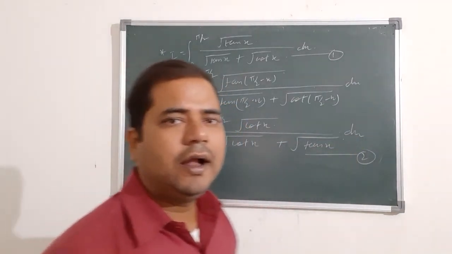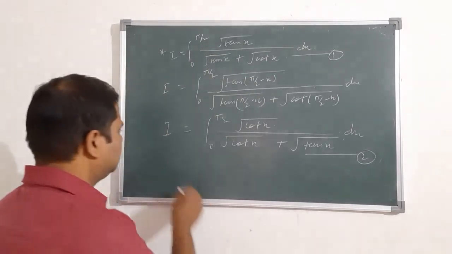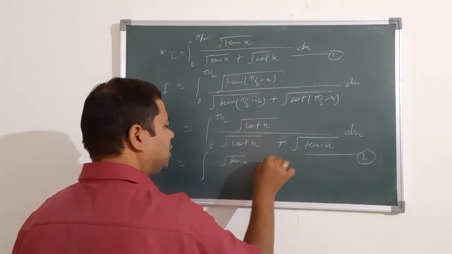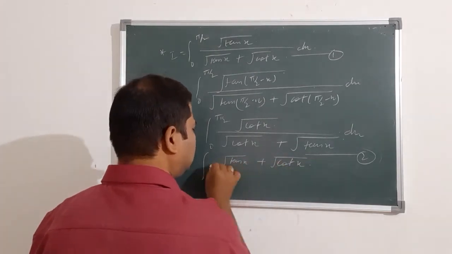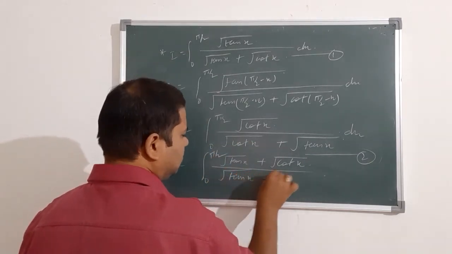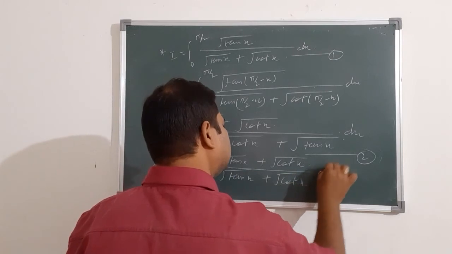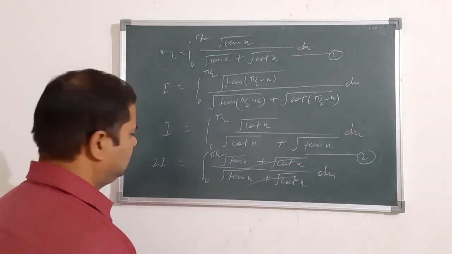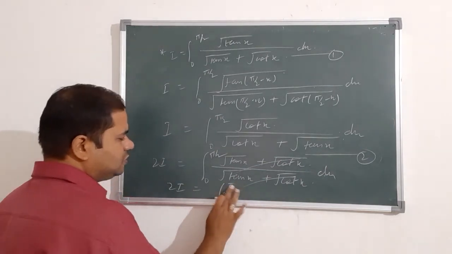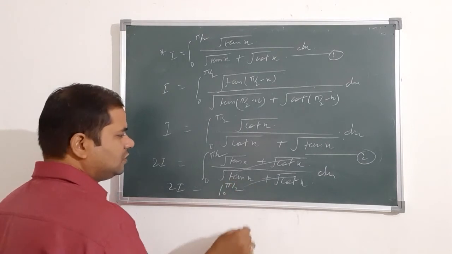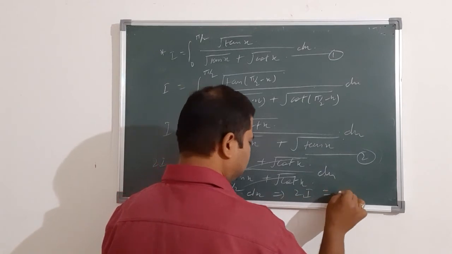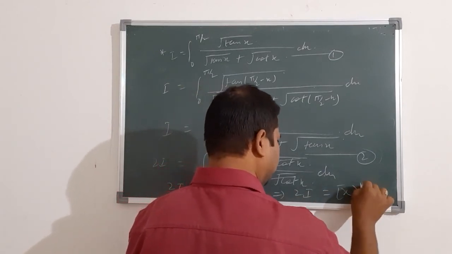Okay. Now adding 1 and 2 we get 2I is equal to the integral of root tan x plus root cot x divided by root tan x plus root cot x, so 2I equals the integral from 0 to pi by 2 of dx, and this implies 2I is equal to x from 0 to pi by 2.